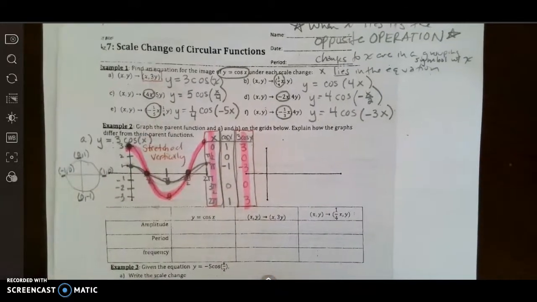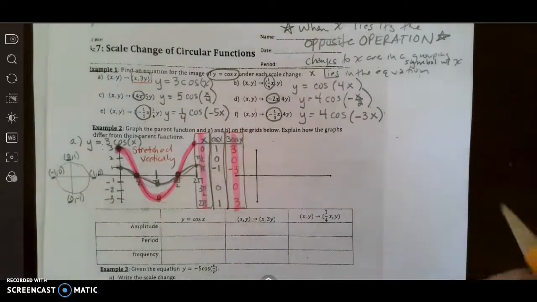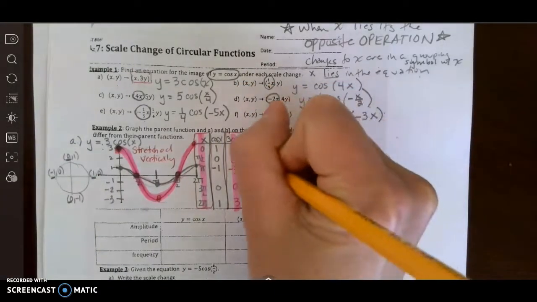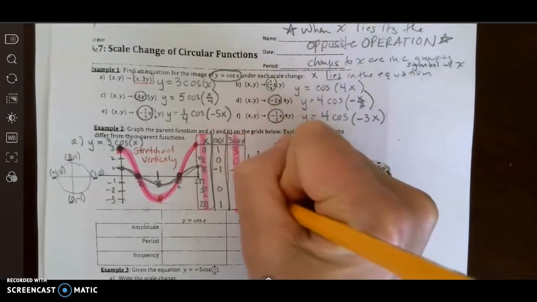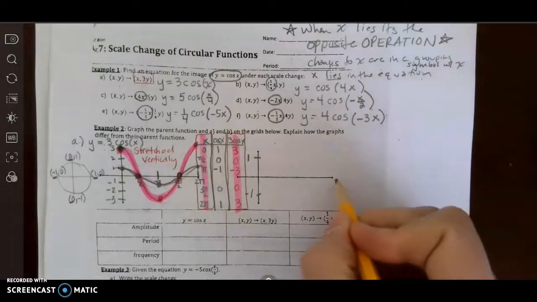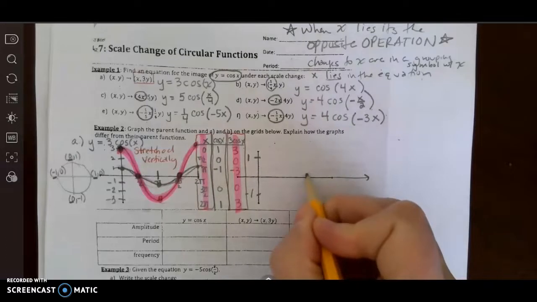All right, let's go to our next one, where once again we are going to need to graph the parent function. And this time I'm just going to go from 1 to -1. And remember again, now I think I might extend this just to make it a little easier on myself.